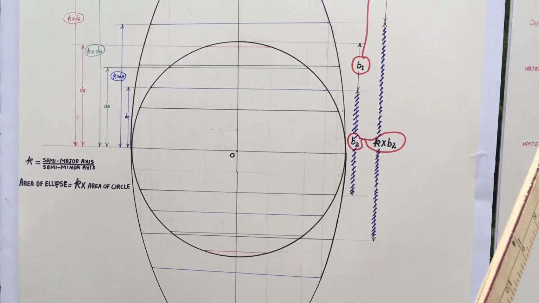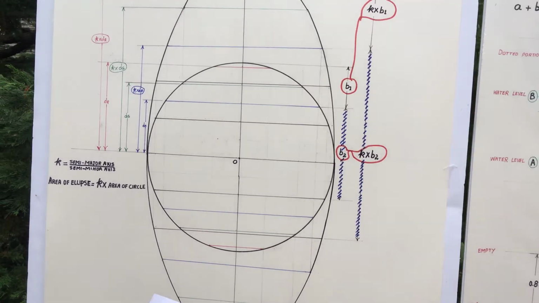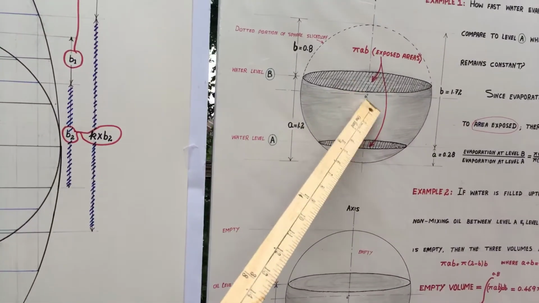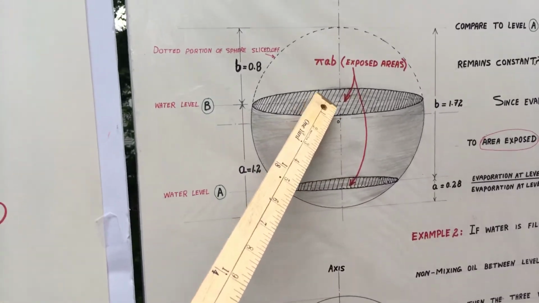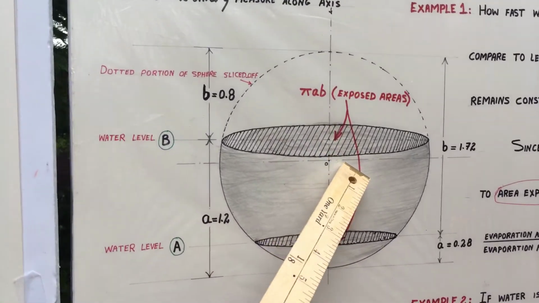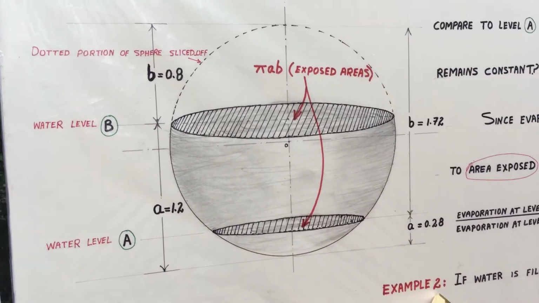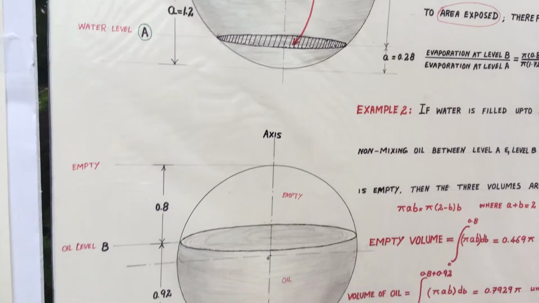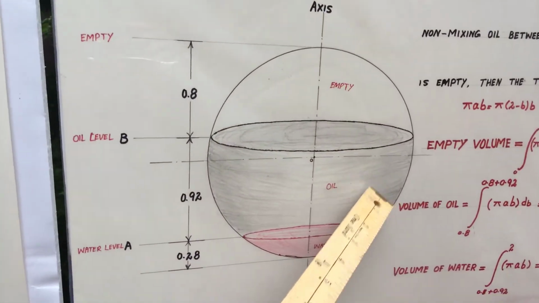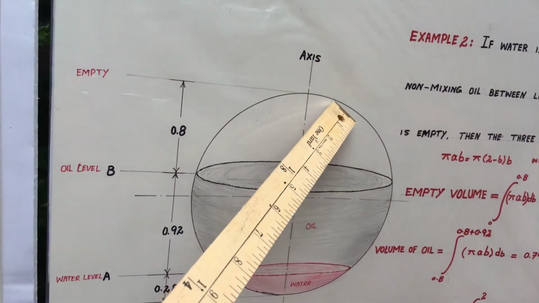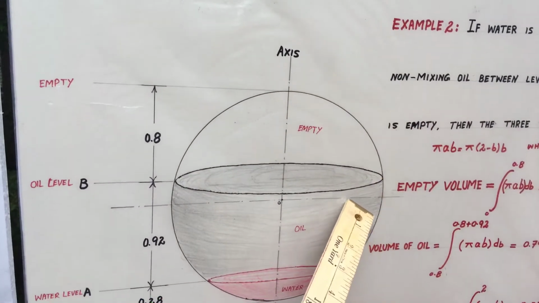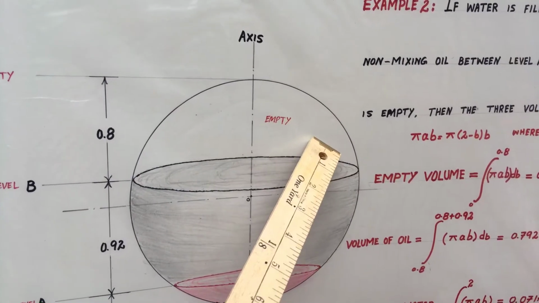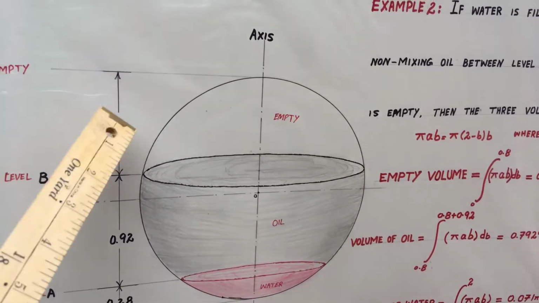So now what happens to this? Let's go back to the example we already have in our previous episode. What happens to this example 2 if we transform this sphere into an ellipsoid? The only thing that happens is that each volume is multiplied by a constant factor.